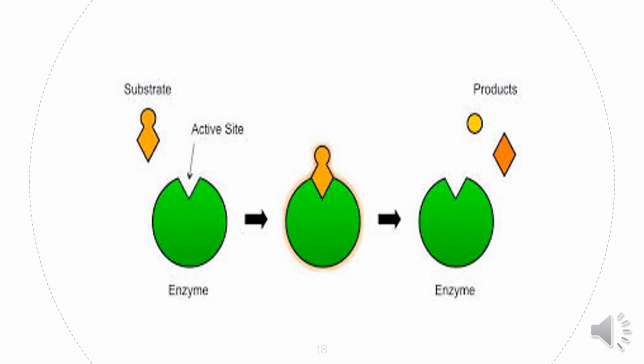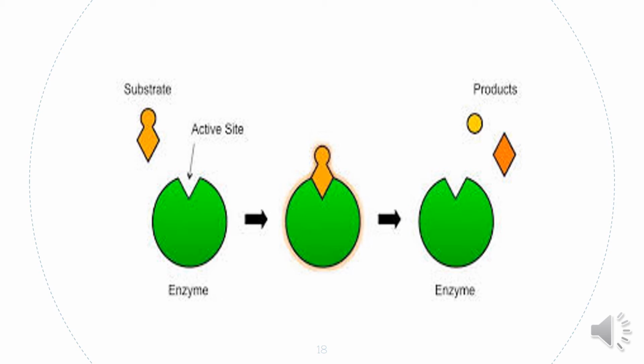Here is an example of an enzyme. The green circle has at the top the active site, and if you can see, the substrate, or the nutrient or the molecule, whatever it is, is going to bind, and it fits specifically to the active site of the enzyme.